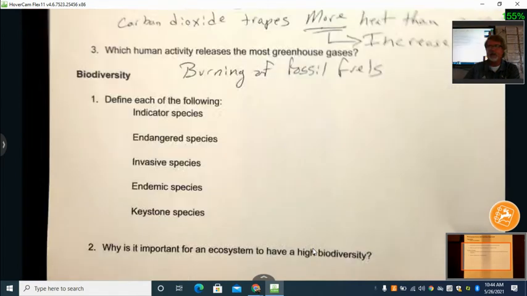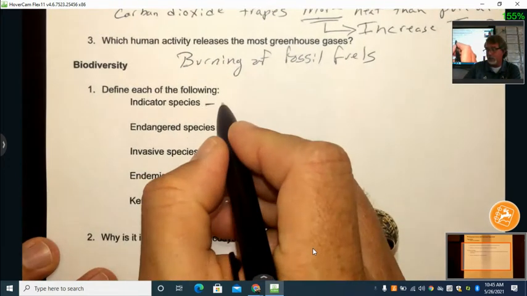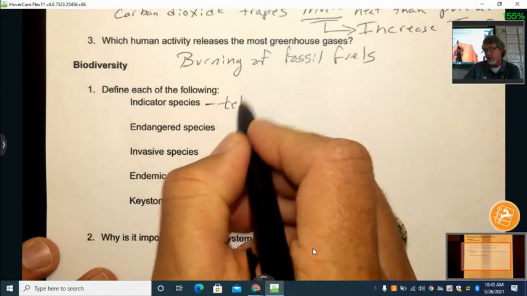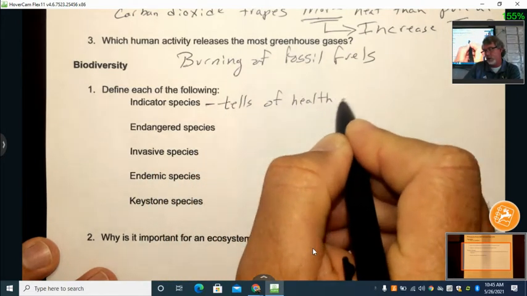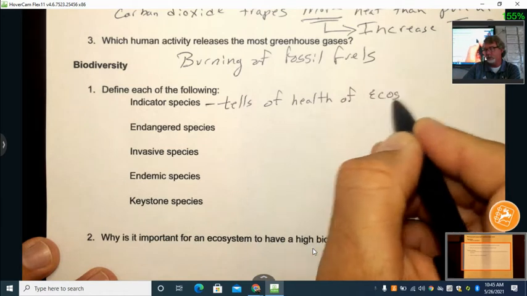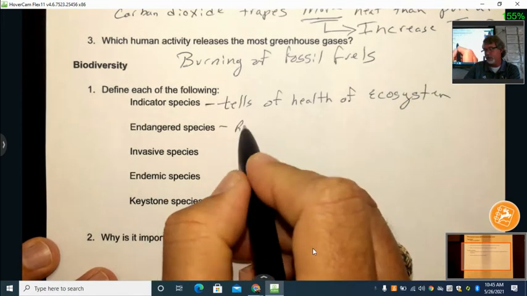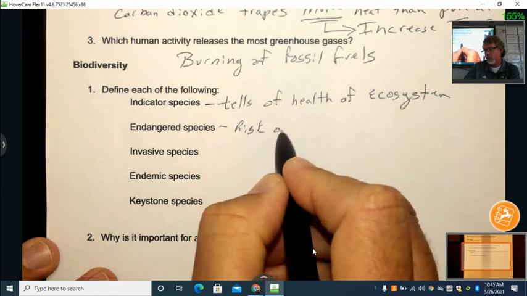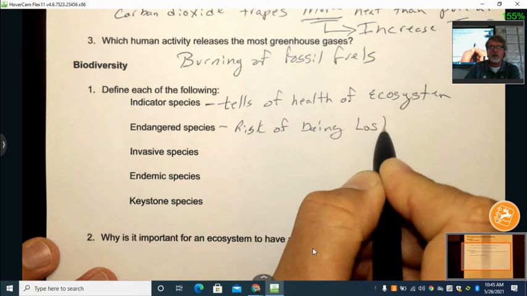All right, define each of the following. So we quickly go through these. Indicator species indicates or tells of the health of an ecosystem. Endangered species, at risk of being lost. You guys know that.